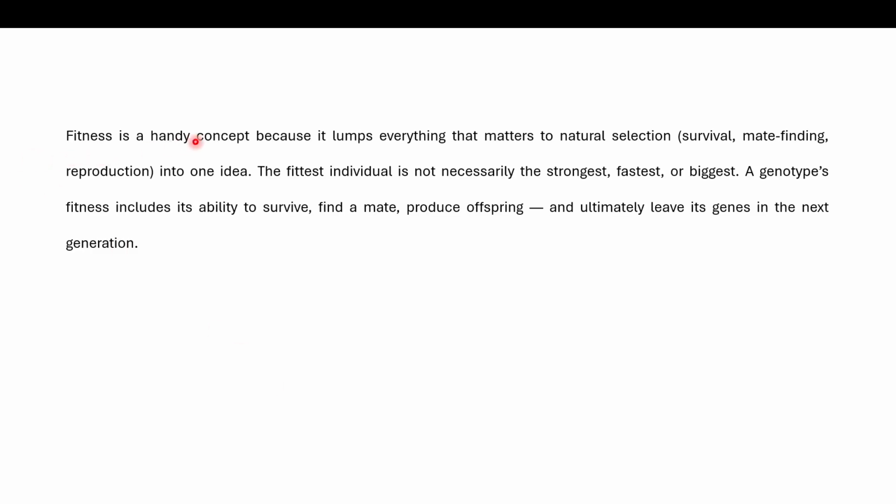Fitness is a handy concept because it lumps everything that matters to natural selection, like survival, mate finding, and reproduction, into one idea. The fittest individual is not necessarily the strongest, fastest, or the biggest one. A genotype's fitness includes its ability to survive, find a mate, produce offspring, and ultimately leave its genes in the next generation.